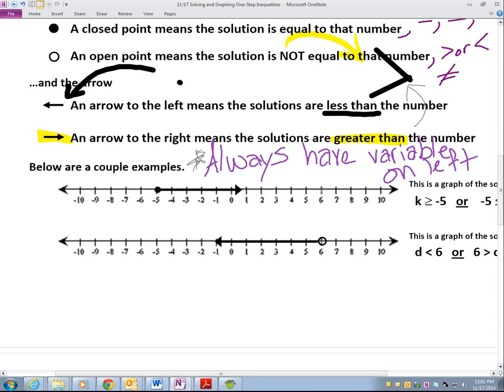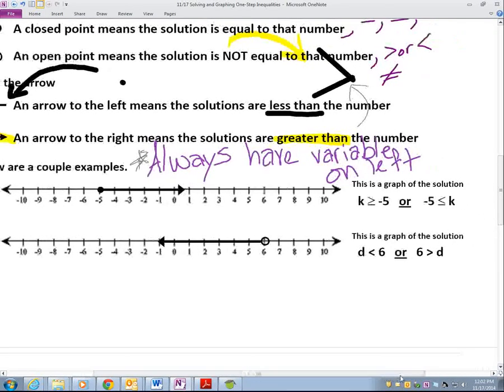Always have variable on left. Or another way to say that would be just read from the variable to graph. Read from the variable to graph accurately. And I'll show you what I mean by that. Below are a couple of examples.